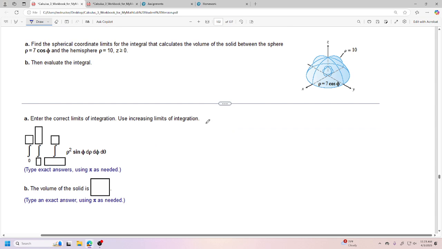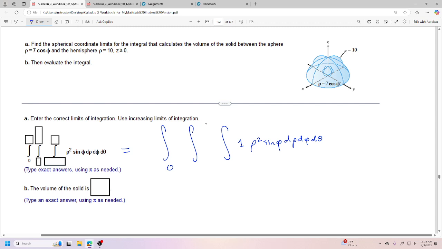So, what do we got, 5 minutes. We have enough time to at least do the top part. I think that the top part's not going to be too bad at all. They even gave me a 0 down here, so that's kind of nice of them. Rho squared sine phi. When we integrate, this is pretty much just a volume because there's no variable density. It's kind of like saying 1 right there.